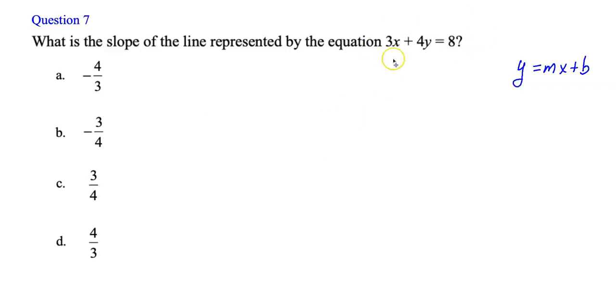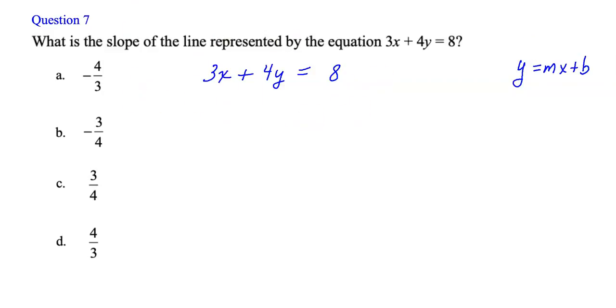So I'm going to write this equation over here. 3x plus 4y equals 8. And the goal is to get this equation in this form. Basically, I'm solving the equation for y.